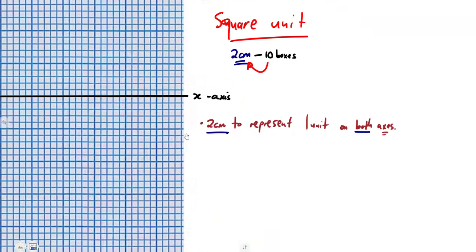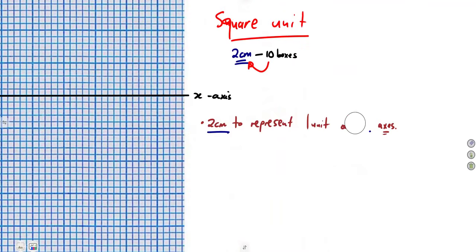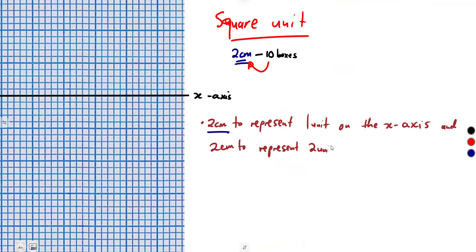Let's say they indicated 2 centimeters to represent 1 unit on the x-axis. They can separate the axes, and 2 centimeters to represent 2 units on the y-axis.